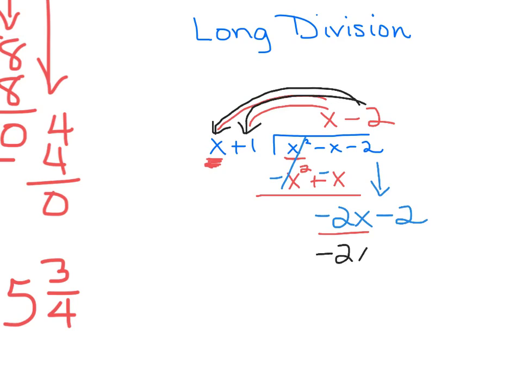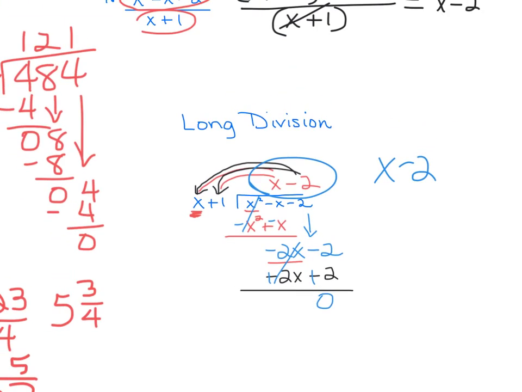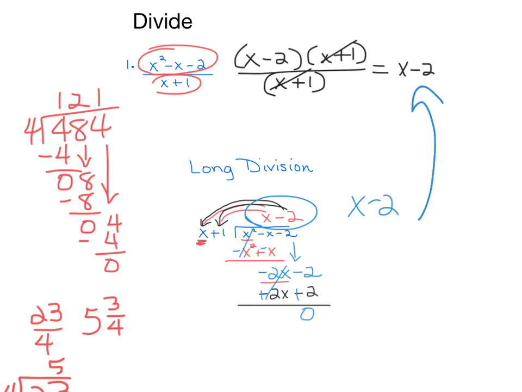So it gives me negative 2x minus 2. Flip all the signs to opposite. And now add your terms. And notice I get a remainder of 0. So the answer to this division problem is x minus 2. And if you remember, that's the same thing we got when we factored and canceled.